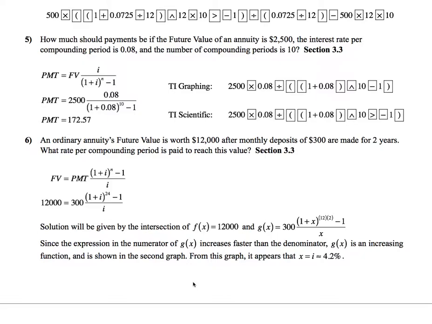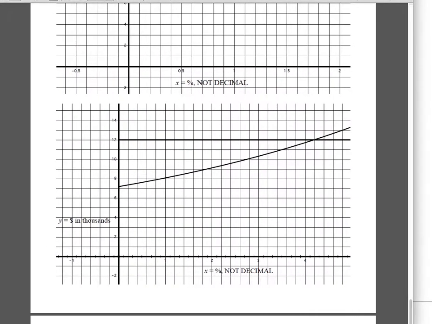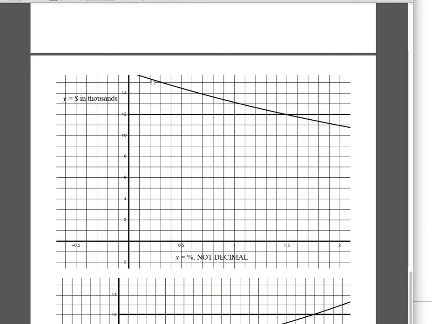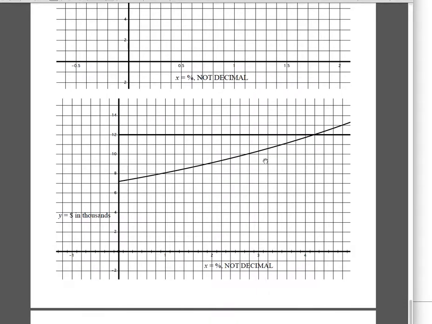So as you put your payments in, your future value increases. And so that tells us that we're not going to use the first graph since it's a decreasing function. We're going to use the second one because it's an increasing function.